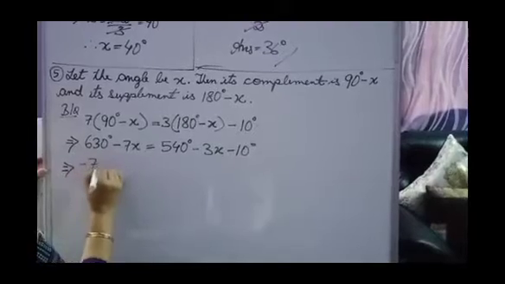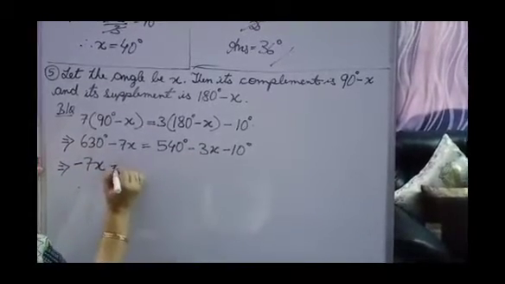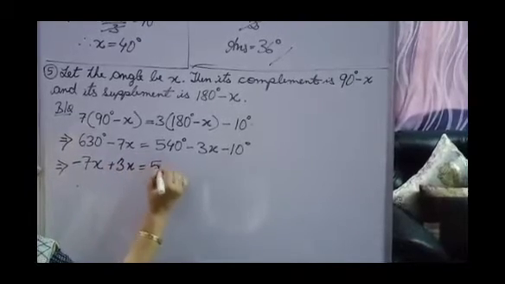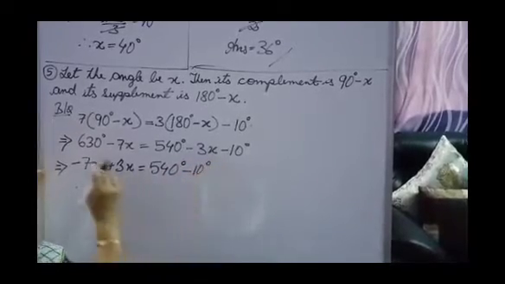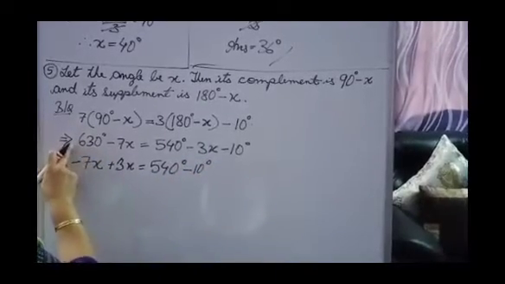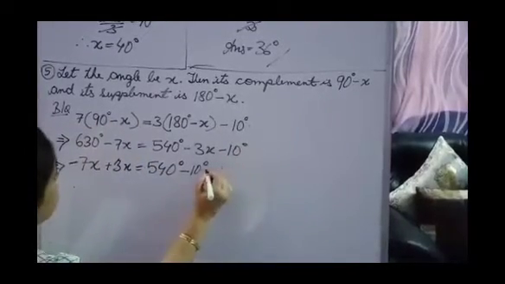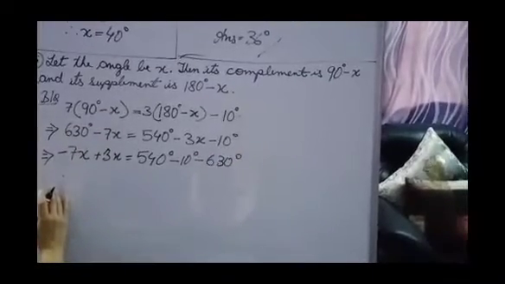Minus 7x, then minus 3x, when I bring it to this side, it will be plus 3x. Then this side is 540 minus 10 degree. Now this 630 degree from the left hand side, I will take it to the right hand side, so this will become minus 630.